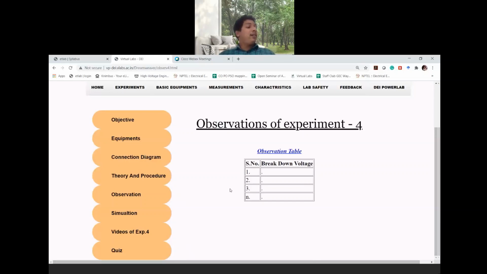Even with respect to temperature and other factors, it is not like measuring a resistance or something. Breakdown strength, even measured for the same kind of transformer oil from the same can, if we test again and again, we are still not going to get the same breakdown voltage every time.